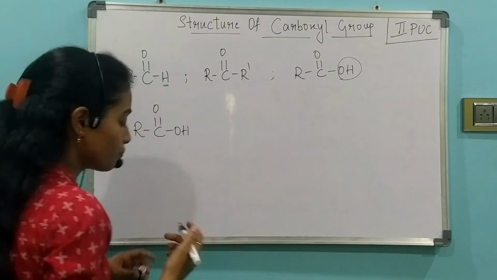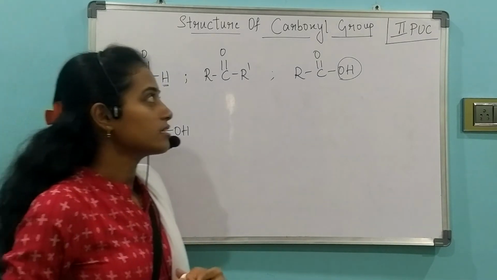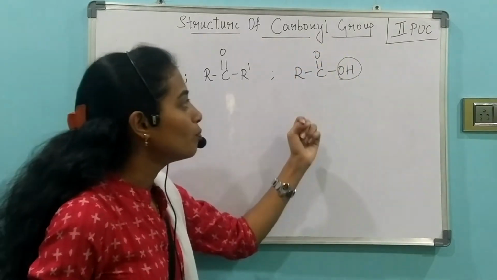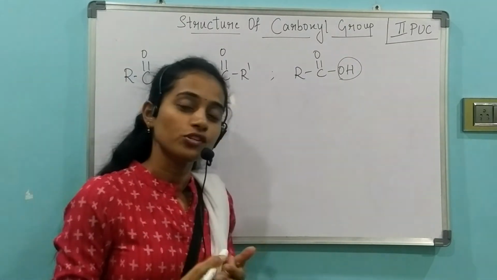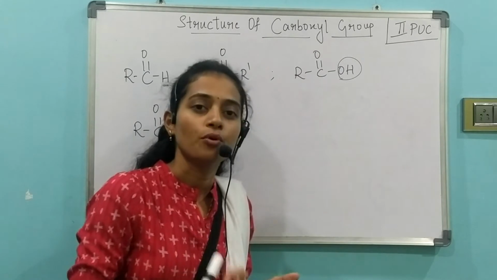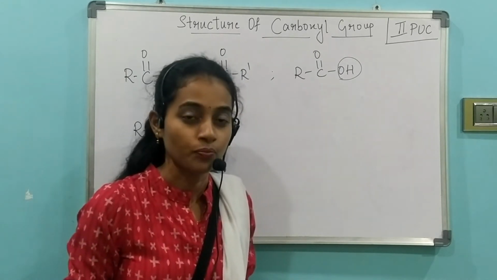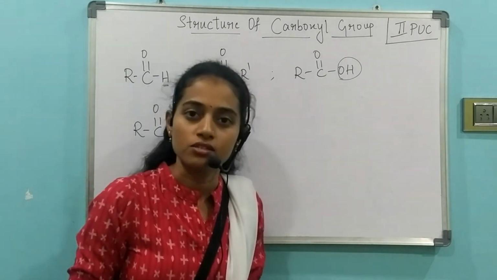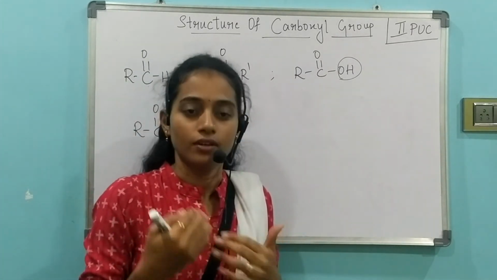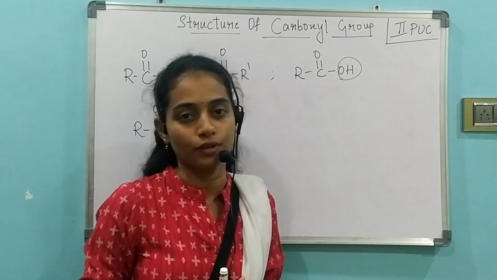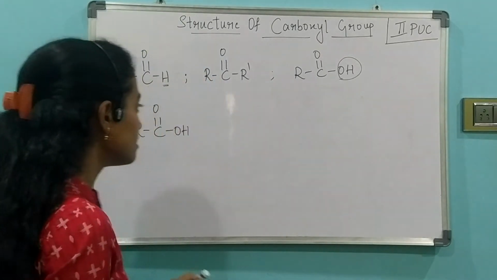Why is that so? Because in the carboxyl group we have the hydroxyl group attached on the carbon, which helps us to write more resonance structures. Due to the possible resonance structures, this carbon will act as less electrophilic in nature.